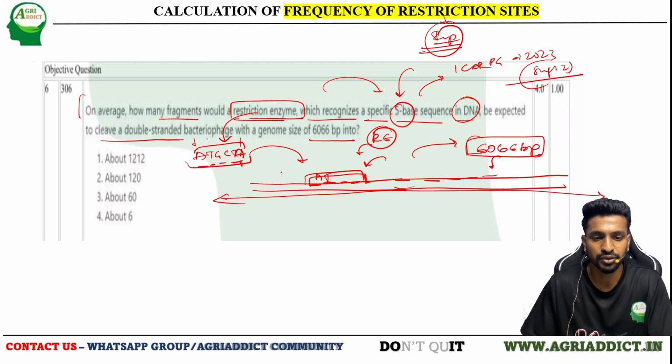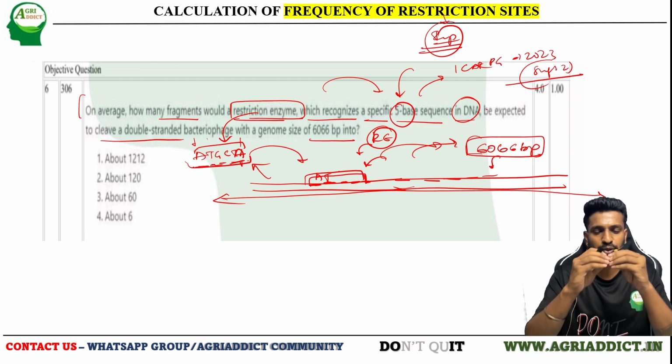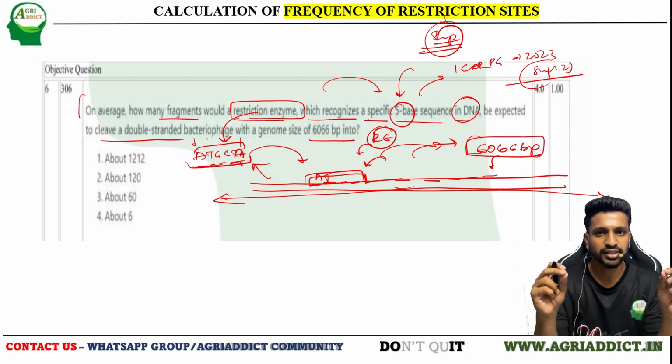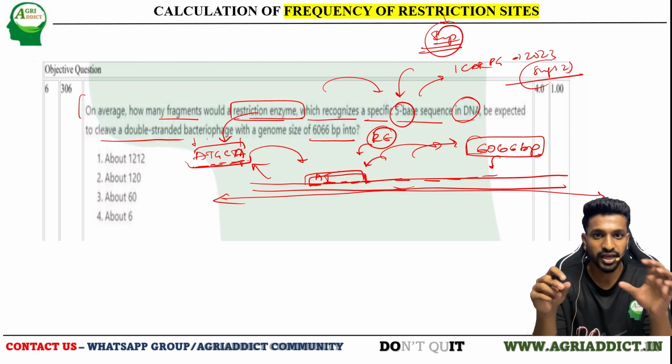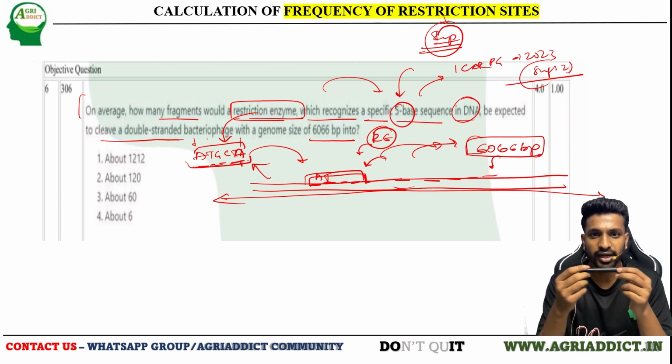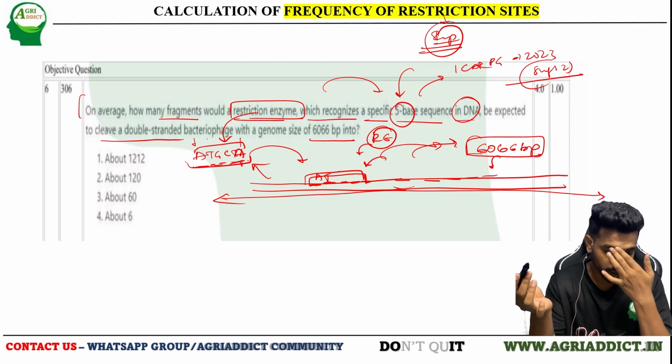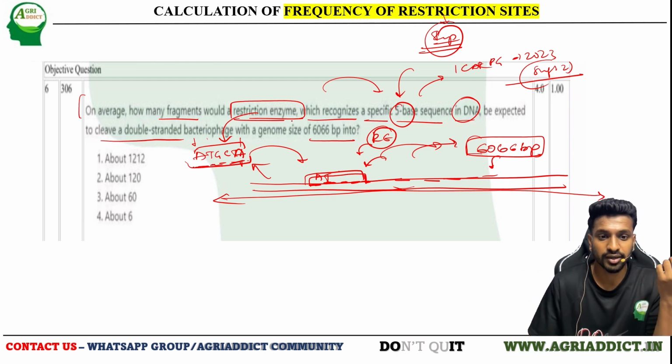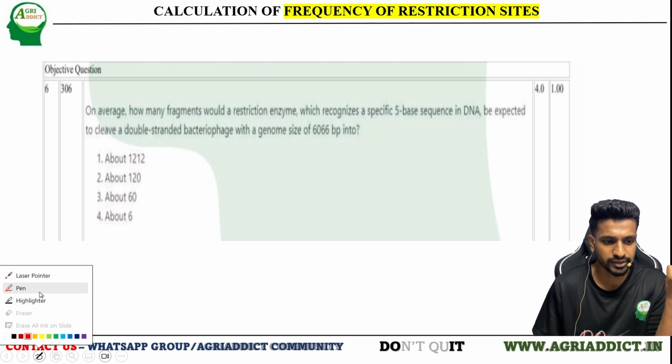But we first have to calculate how many times this specific base sequence is repeated within the total length of DNA, which is 6066 base pairs. Within that, we have to know how many times a specific 5 base pair sequence is repeated. So this is our understanding of the question. Let us see how to solve this.